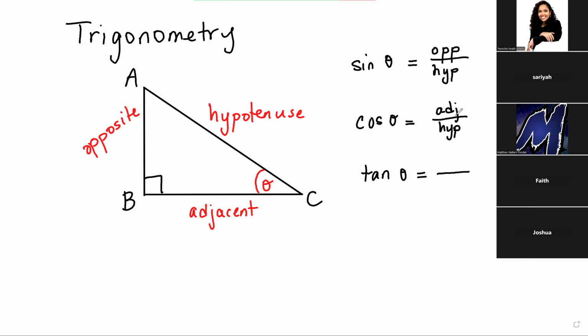What is the ratio for tangent? Opposite over adjacent. Excellent, opposite over adjacent. And guys, remember we did this acronym, SOHCAHTOA. So SO is SOH, CA is CAH, and then TOA, tangent, is TOA, right? That's where we got the acronym from. SOHCAHTOA. I mean, it sounds funny, but it does actually help you remember the different ratios, right?